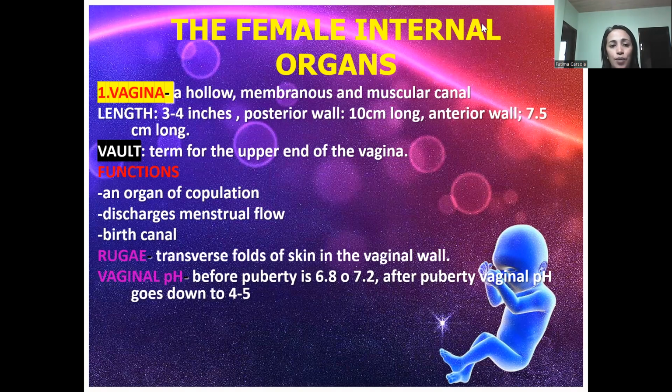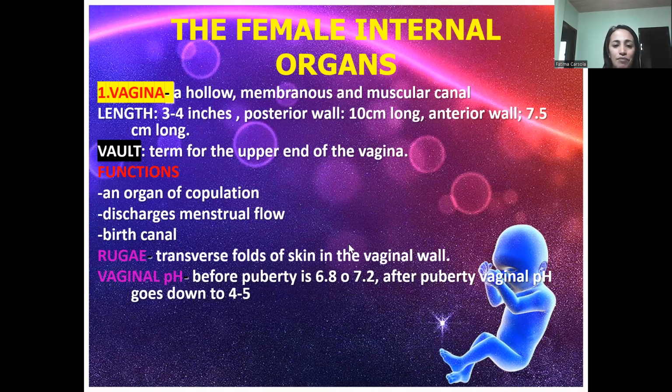So take note, when you say the vaginal pH is acidic, we have to bear in mind that you should not be putting anything here, or you should not be douching every moment so that the acidity of the vagina will not be altered, because when it's altered, it will give you infections, okay?